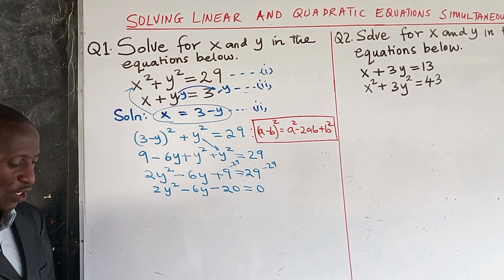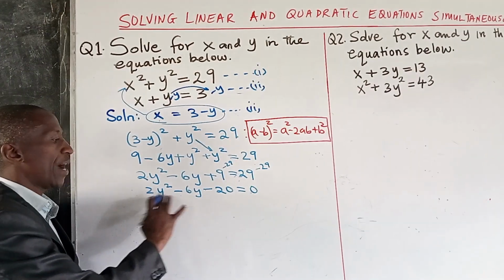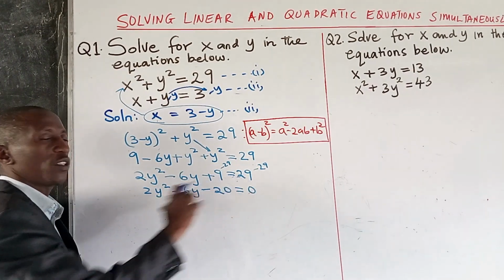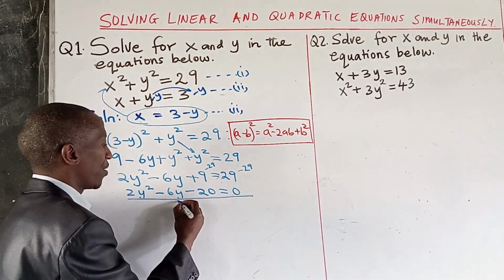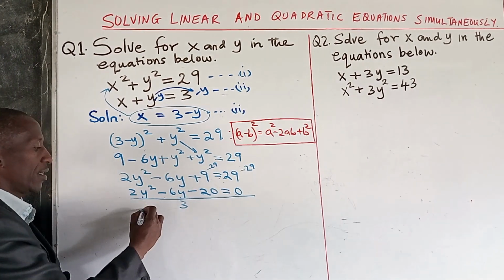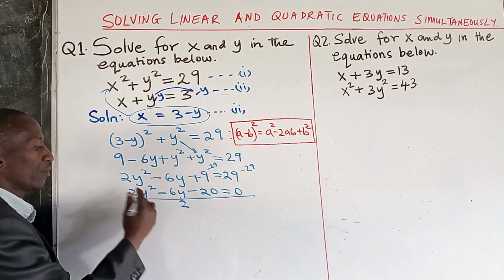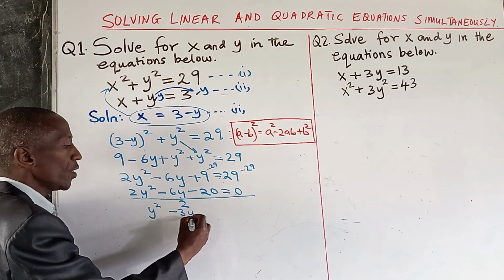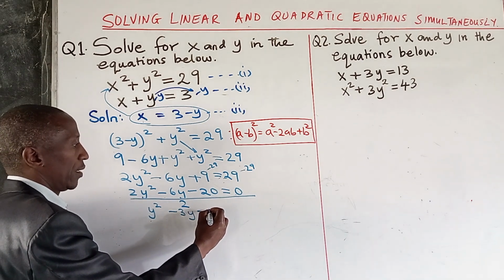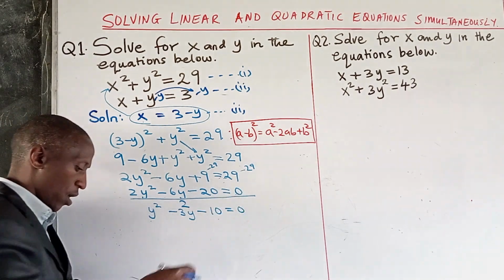It is at this point we make a decision to reduce the numbers by dividing throughout by 2. That gives us y squared minus 3y minus 10 is equal to 0.